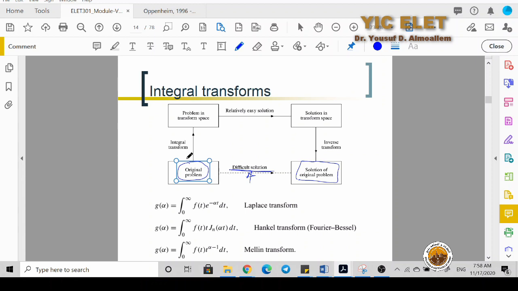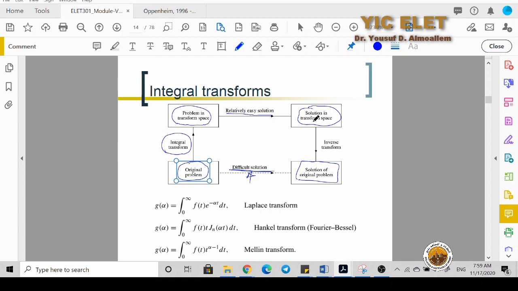The other alternative is to go through a transformation, go from the time domain to another domain, which makes the problem a little bit easier. So in this transform phase, you can follow a relatively easy solution to go from this problem to the solution of this problem, but in a different space.